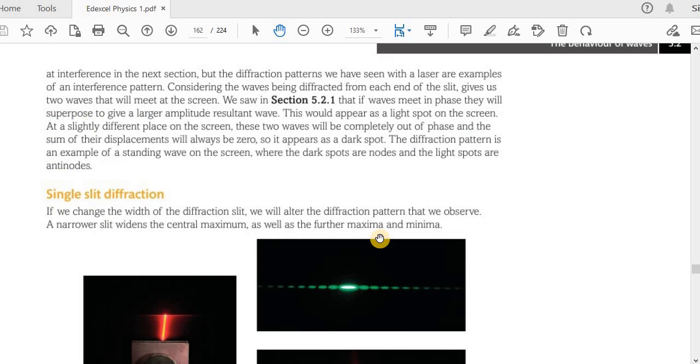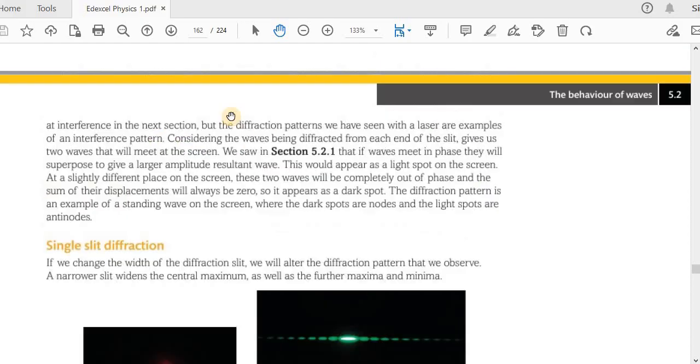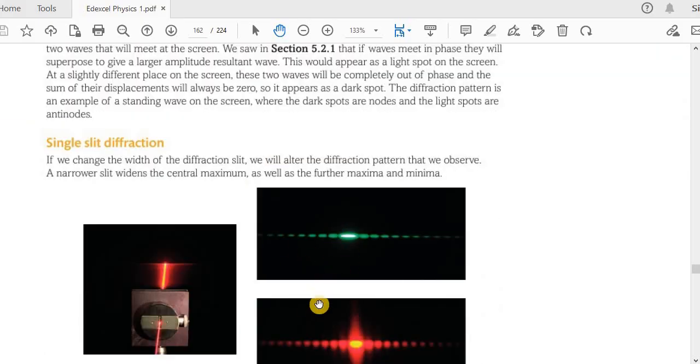See, considering the waves being diffracted from each end of the slit gives us two waves that will meet at the screen. We do this in the dark because then only we can see these specific colors.